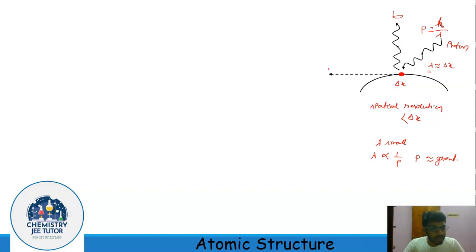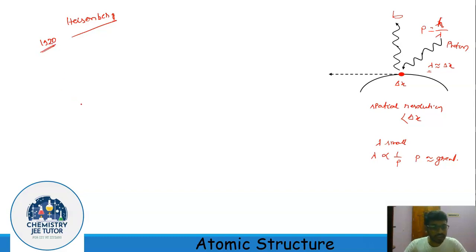Now, to locate the electron, some part of the momentum of the photon should transfer to the electron, and since the momentum of the photon is great, the momentum of the electron will also be great. A careful analysis of this experiment was carried out by Heisenberg in 1920.